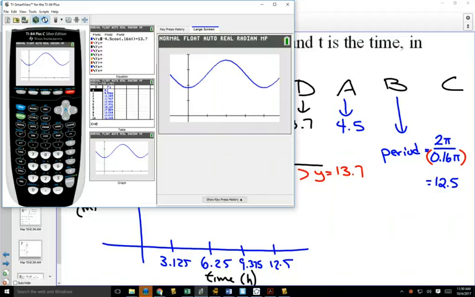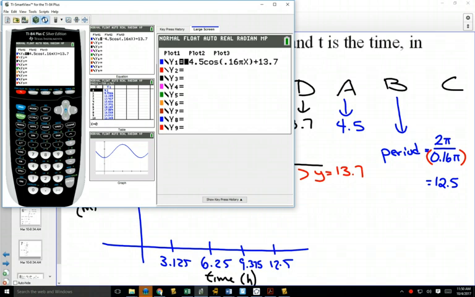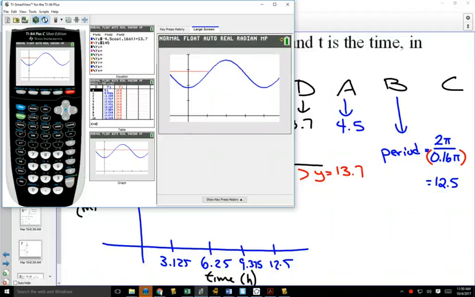And once you have your graph in there, when we go to part B, we wanted to find out when does it hit that 14.5. We can go back to y equals, and in our second equation, type in 14.5, and that'll draw that horizontal line straight across at 14.5.